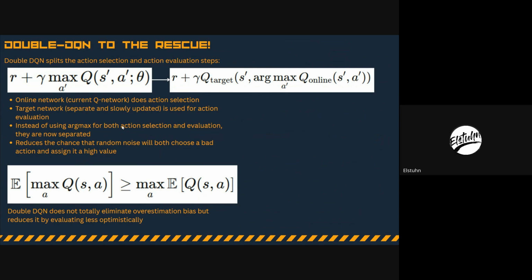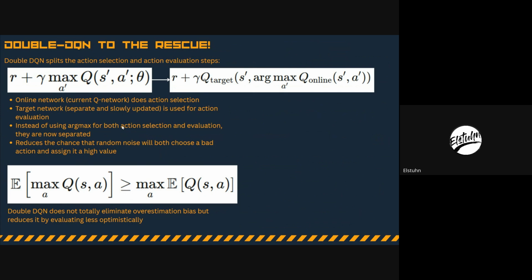So how we do this is we separate both of those, choosing and evaluation, into two different networks. We have one online network and another target network. The online network is used for action selection, and the target network is used for action evaluation.